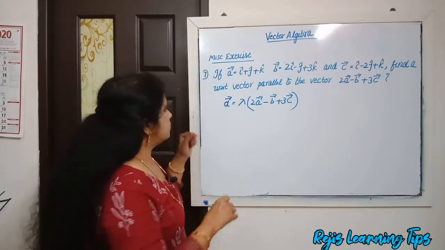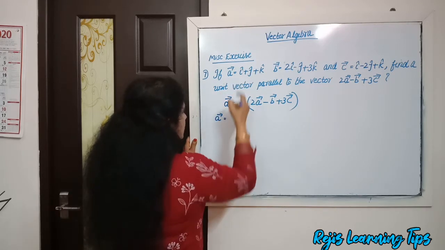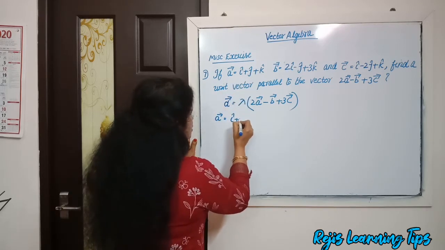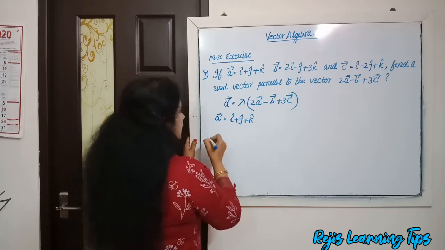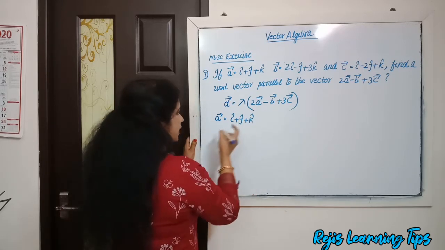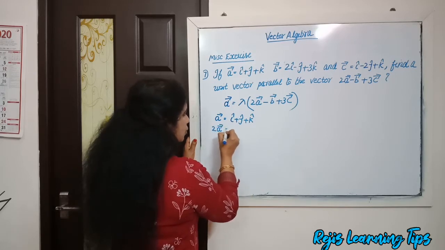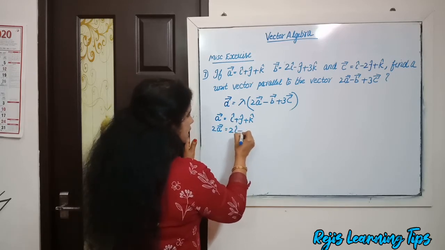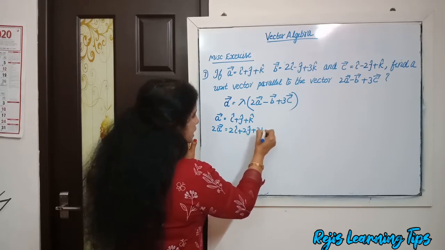Understood? Then vector A is equal to i cap plus j cap plus k cap, so 2 times A vector is equal to 2i cap plus 2j cap plus 2k cap.